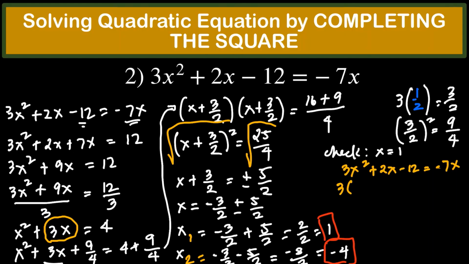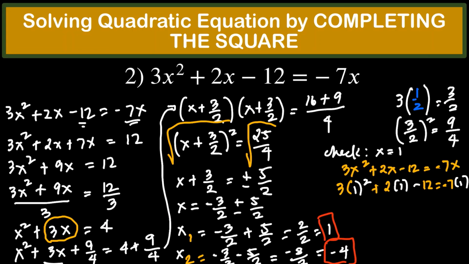So 3 times 1 squared plus 2 times 1 minus 12 equals negative 7 times 1.